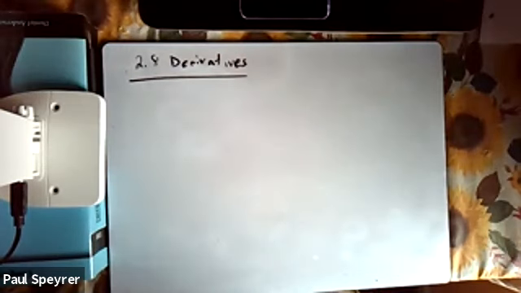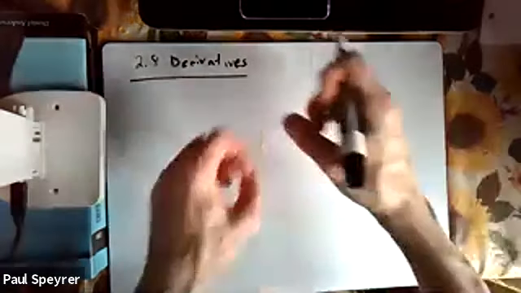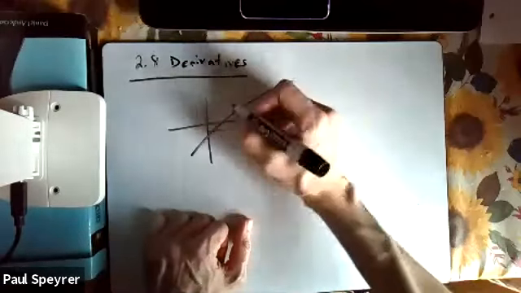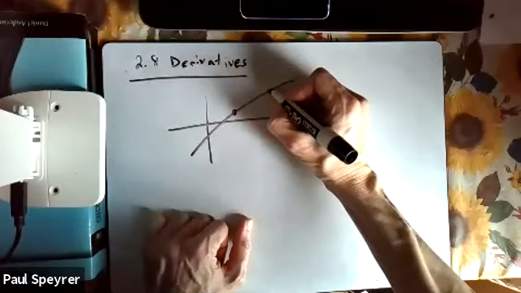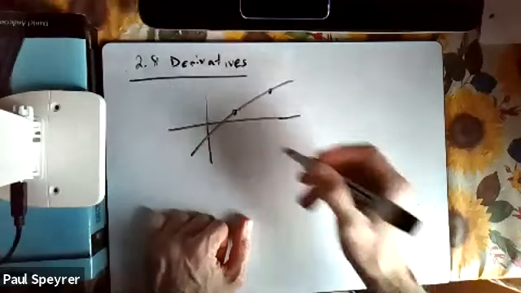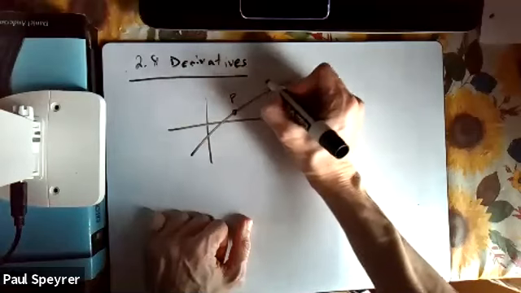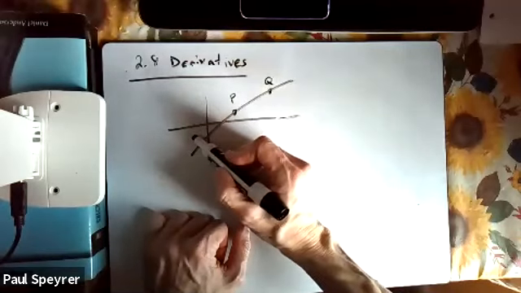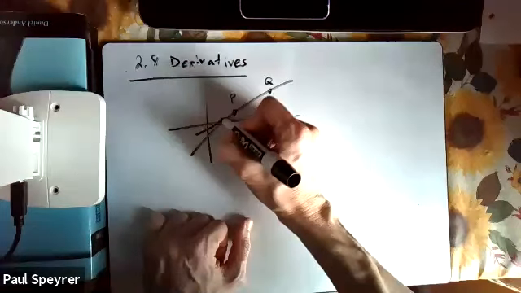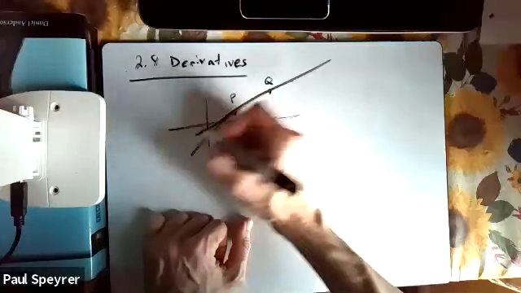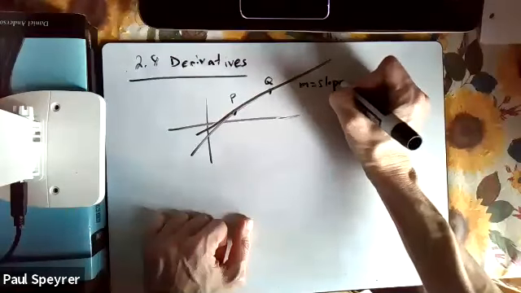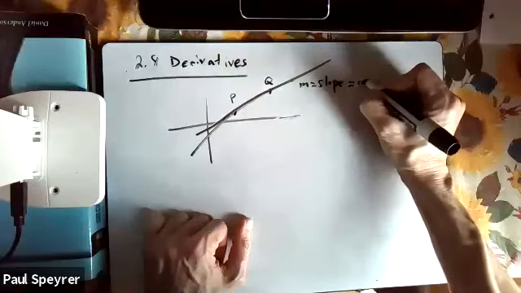So rate of change was like the slope. That's what we did in algebra, where you had 2 points. If we had a curve, we looked at this last class, we had 2 points, P and Q right here. And the slope basically gave us the rate of change, which is rise over run.